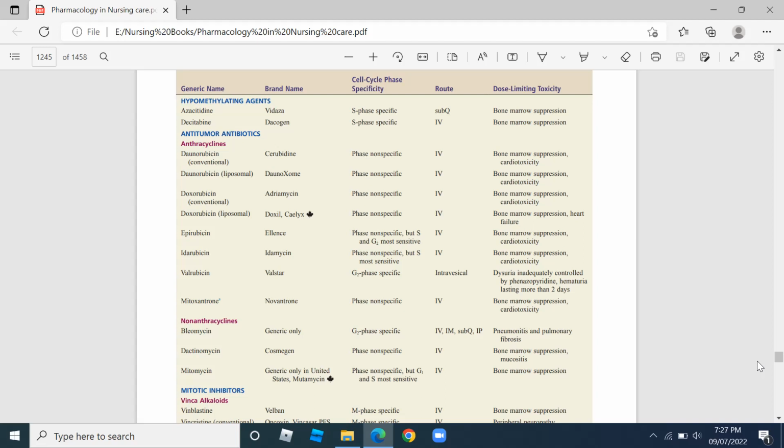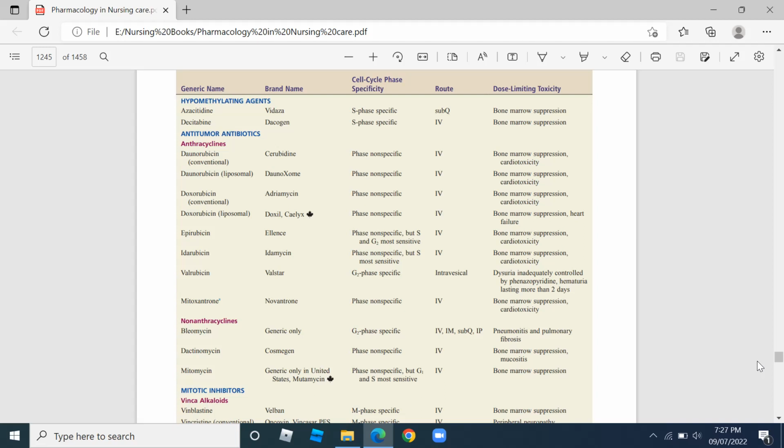One more point to add here is that these antibiotics are not used to treat infection but only for tumor activity, that is to destroy the cancer cells, and not for infection purposes. Anthracyclines include doxorubicin and daunorubicin.